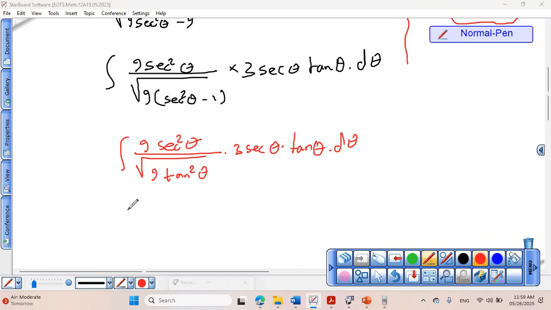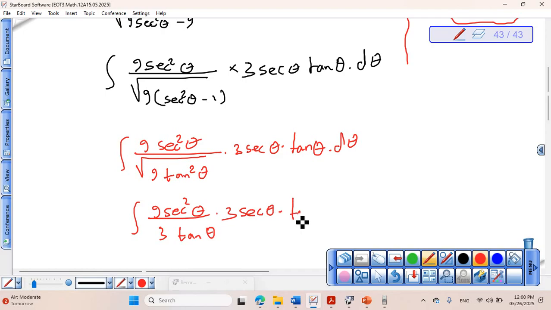This is the integral of 9 sec square theta over 3 tan theta, because the square root of 9 is 3 and the square root of tan square is tan, times 3 sec theta tan theta d theta. Now we can cancel tan theta with tan theta, and 3 with 3.